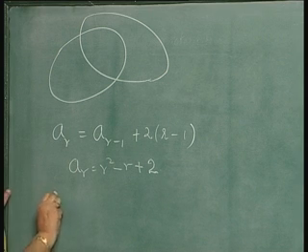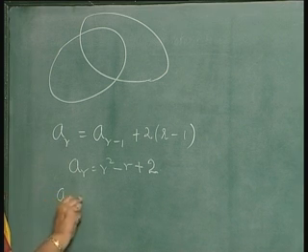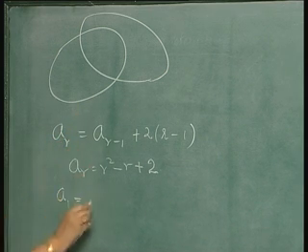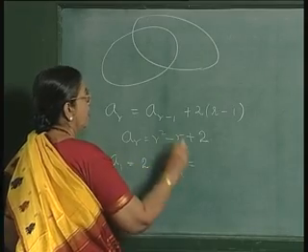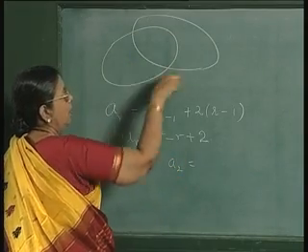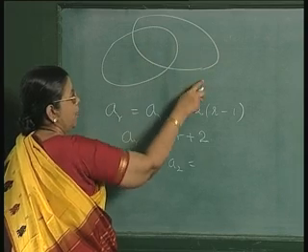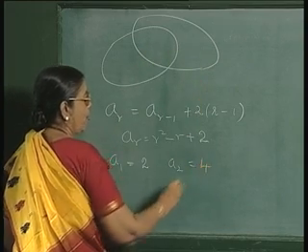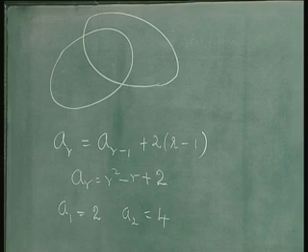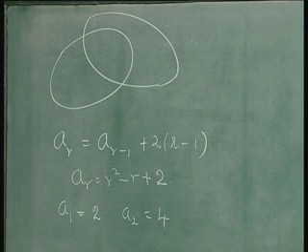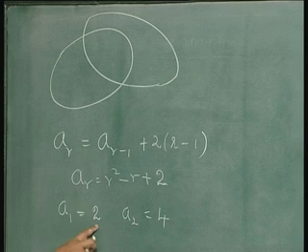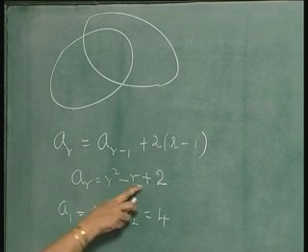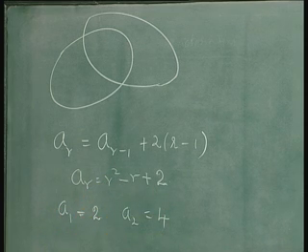The boundary condition is a_1: when you just draw one oval, it divides the plane into 2 regions. So, a_1 is equal to 2. a_2 is equal to 4, since when you draw 2 ovals, it divides the plane into 4 regions. Now, we can check that a_1 is 1 minus 1 plus 2, which is 2, and a_2 is 2 squared minus 2 plus 2, which is 4, and so on.